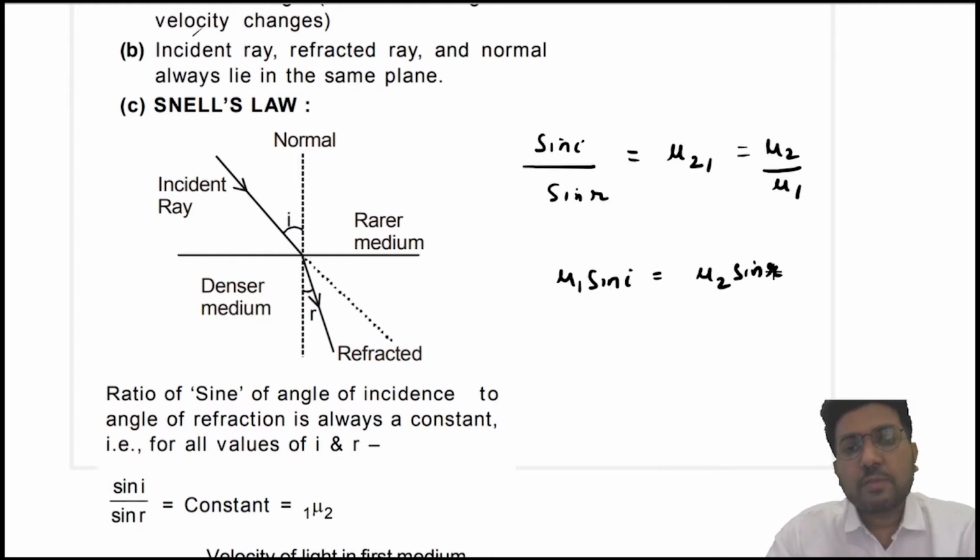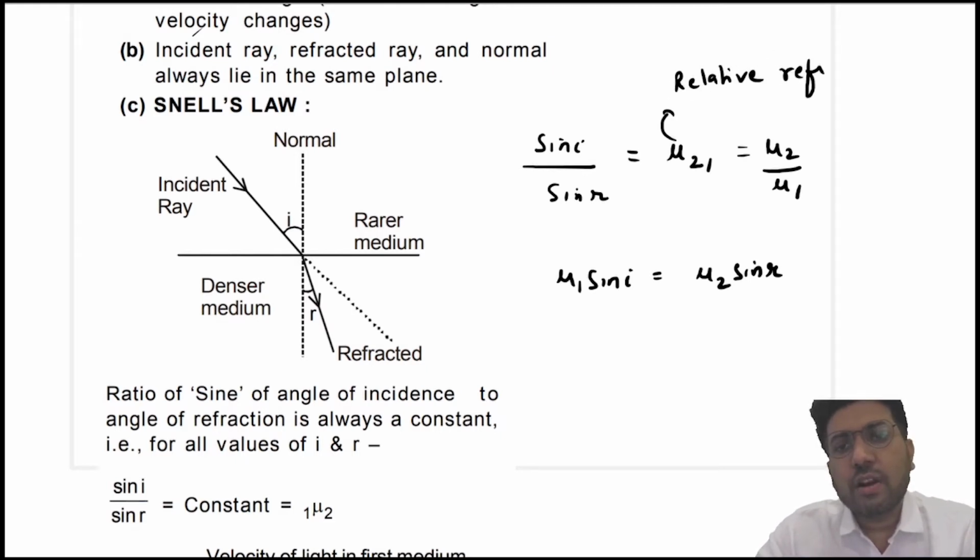We have discussed what is refractive index in the first lecture itself. If you have forgotten the meaning of refractive index, please refer to the first lecture, where in the properties of light and the properties of medium, I discussed the term refractive index, represented by mu. Mu 2 by mu 1, or mu 2 1, is also called relative refractive index.